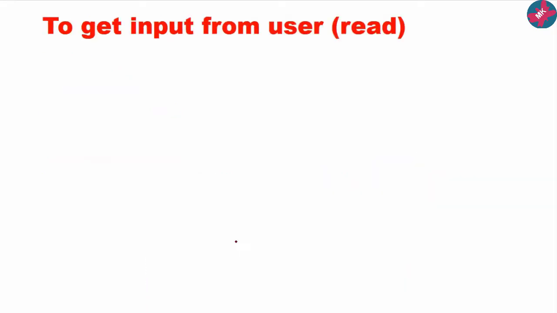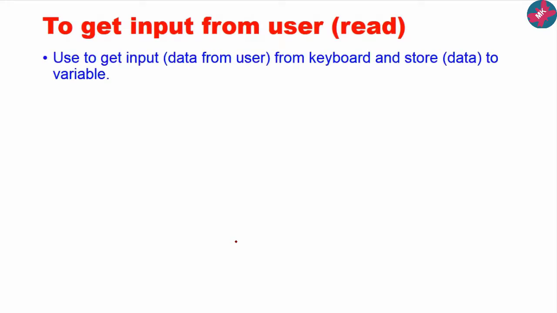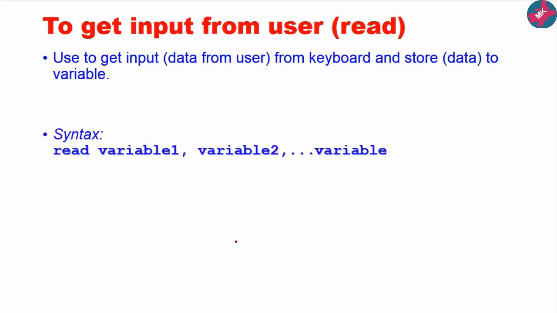Next question: we have displayed on the terminal, so the next thing is how to get input from the user. For that, we will be using a command called read. Simply you can write read. An example: suppose I want to put whatever value the user inputs into a variable called a. I will write read a.